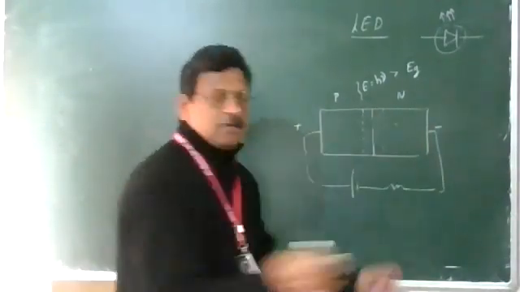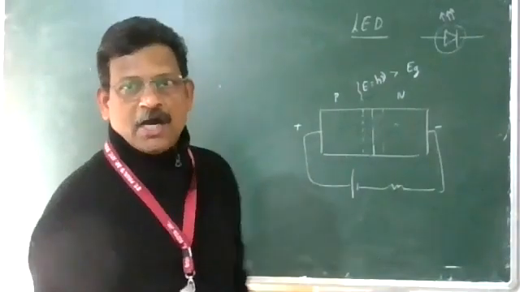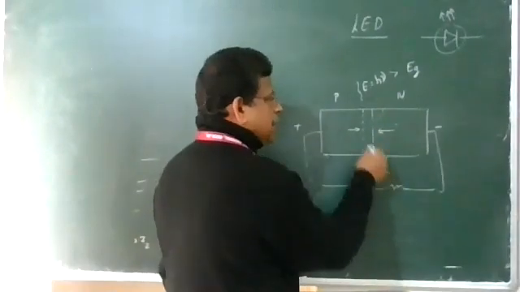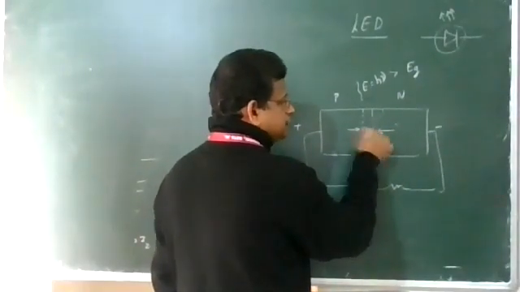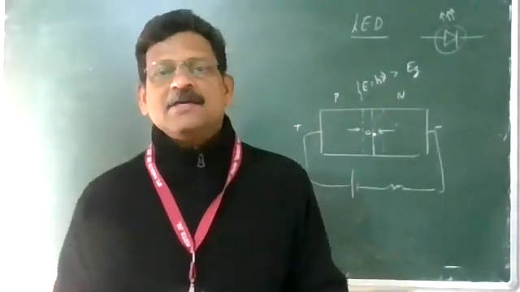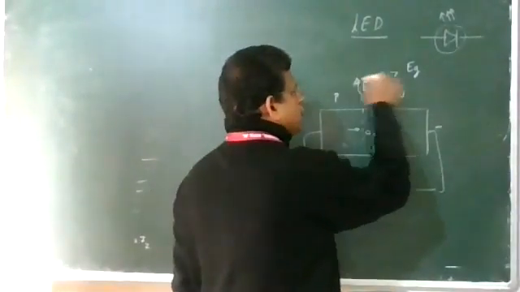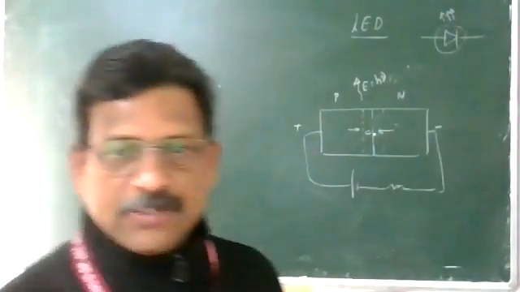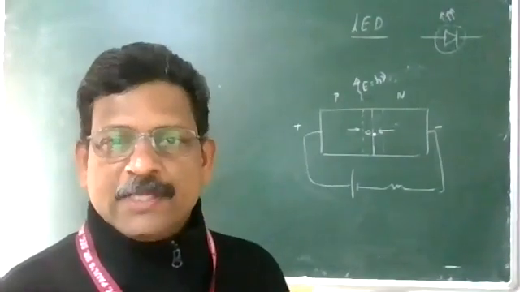Because of the forward bias, the charge carriers try to cross, and electrons and holes combine at the junction. When they combine, some energy is released. That energy is coming out in the form of light. This is specially designed, under forward bias.